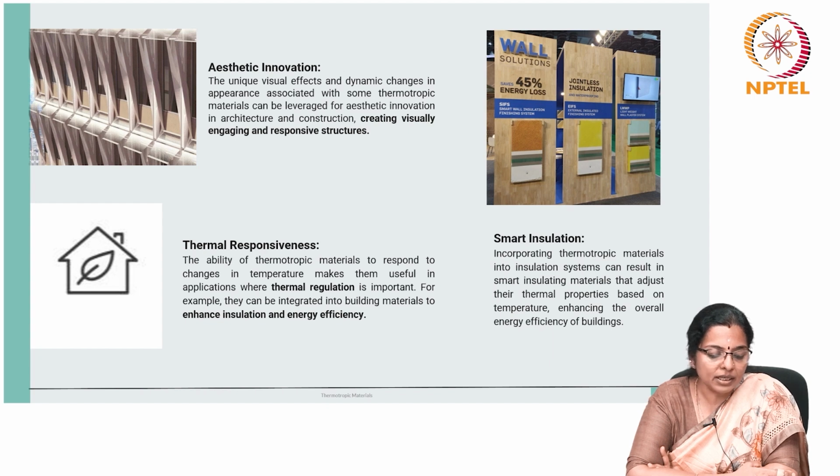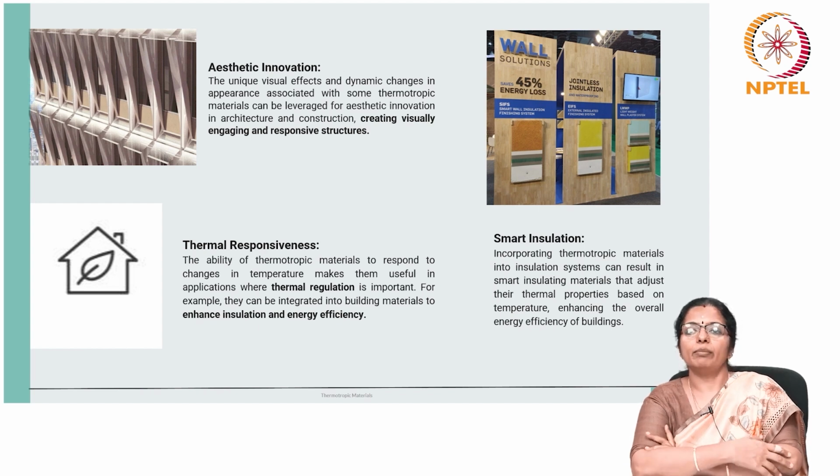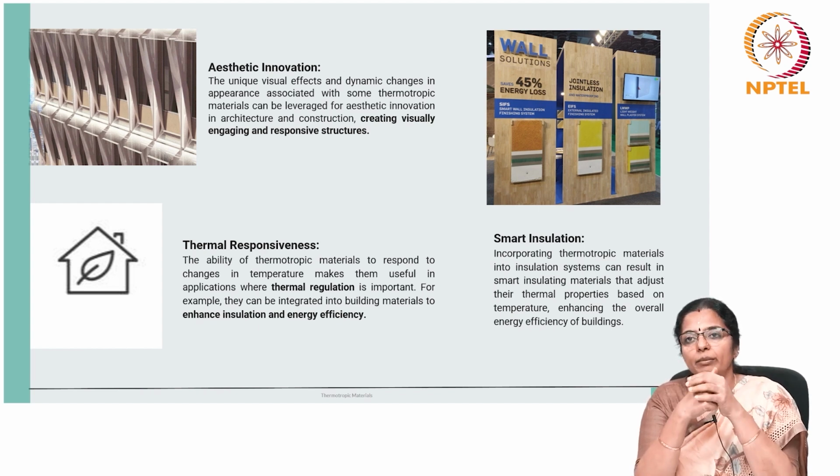Next is thermal responsiveness. The ability of thermotropic materials to respond to changes in temperature makes them useful in applications where thermal regulation is important. For example, they can be integrated into building materials to enhance the insulation and energy efficiency.